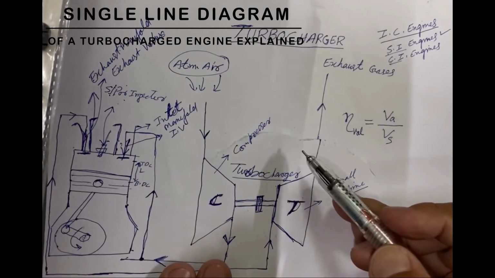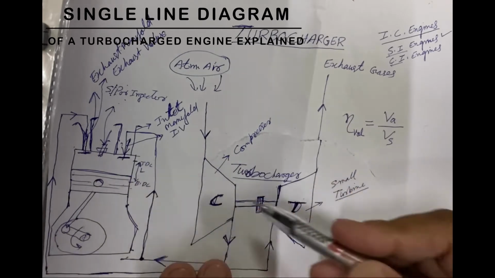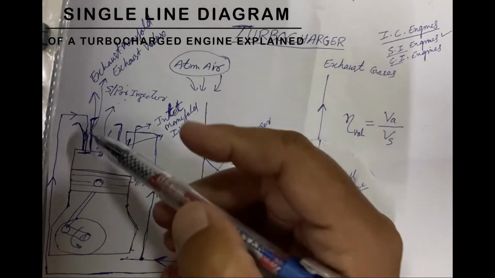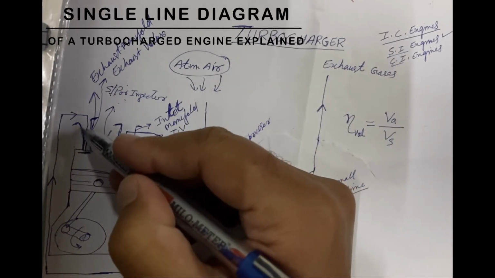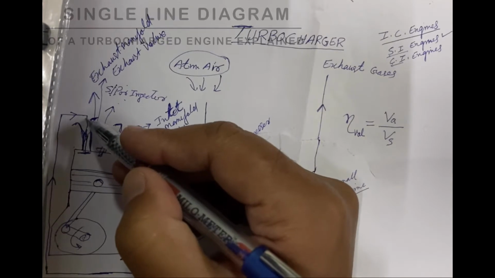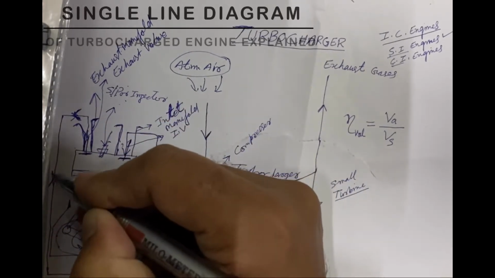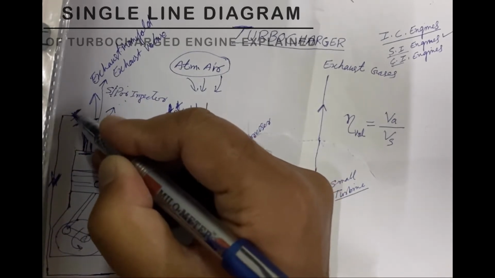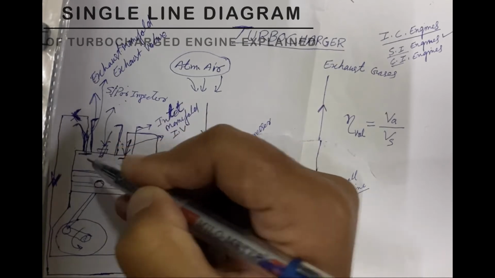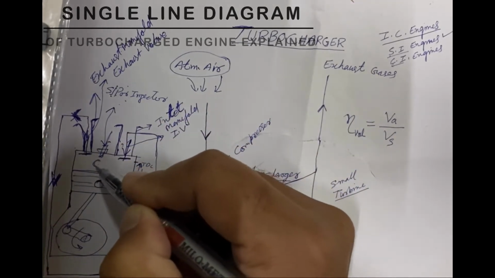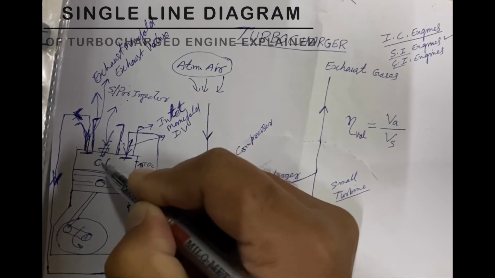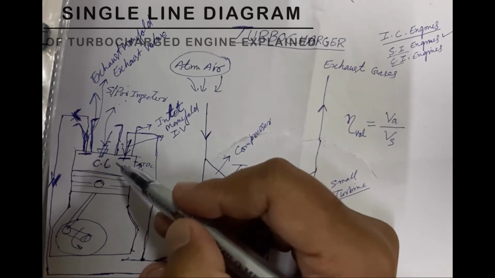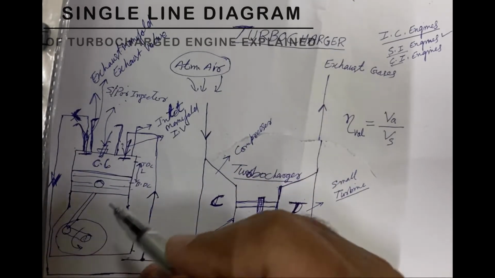Now let's understand how this turbocharger works in an IC engine. The outlet passage, which is also known as exhaust manifold. Okay, this is the combustion chamber. As you know, in IC engine there are 4 strokes.